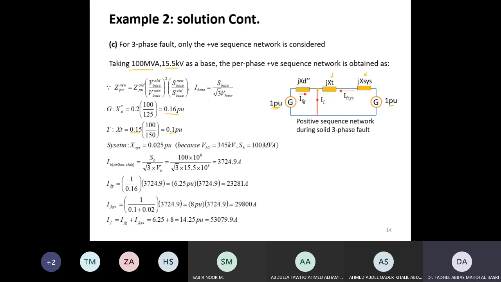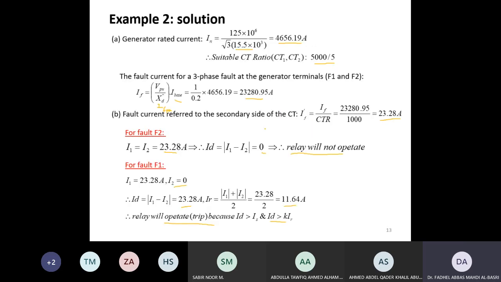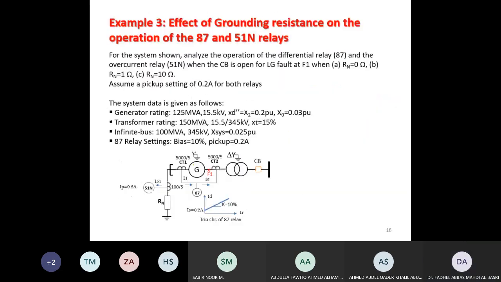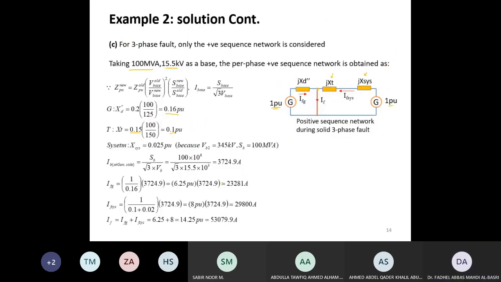I got this one, and the system per unit is already based on this power and this voltage, so there will be no change for this value. So the system will stay the same.